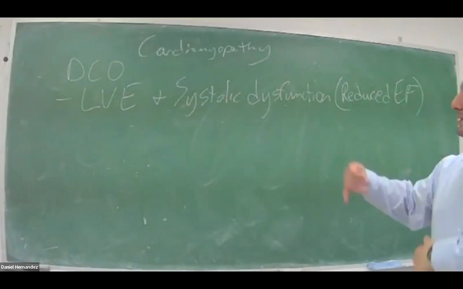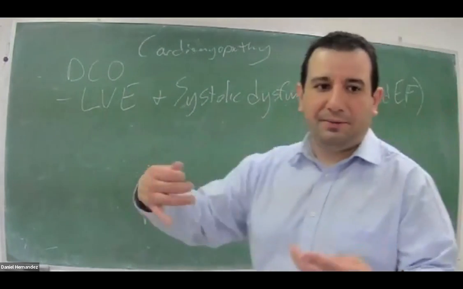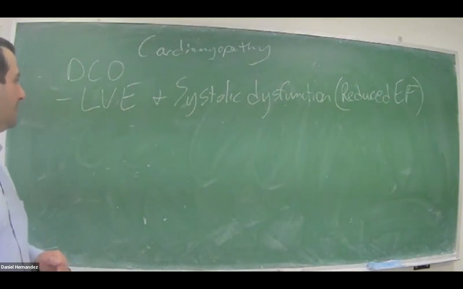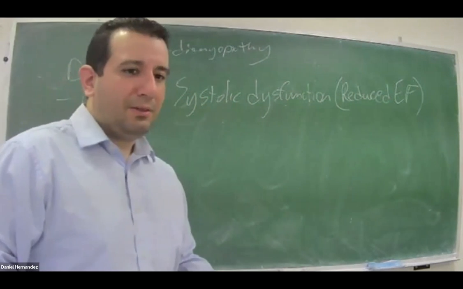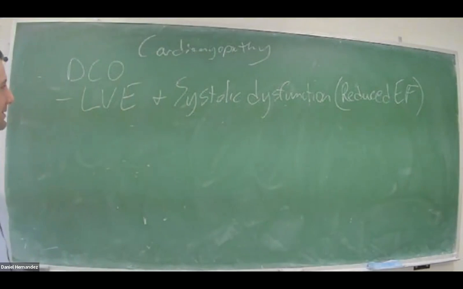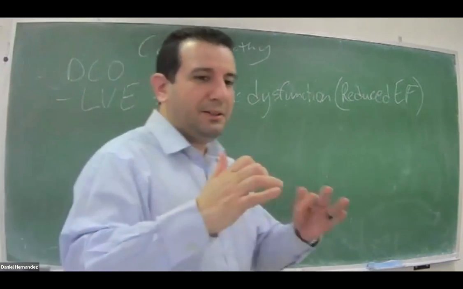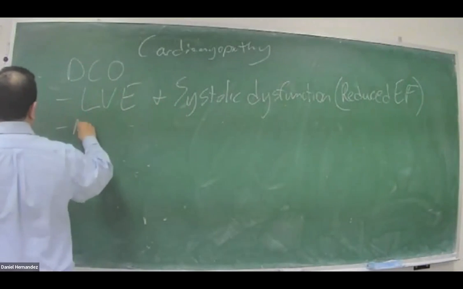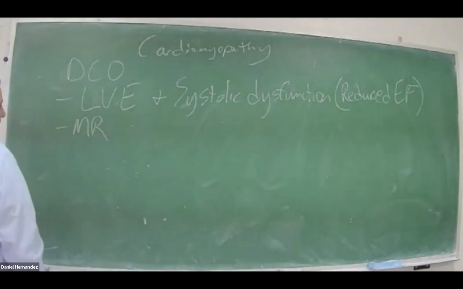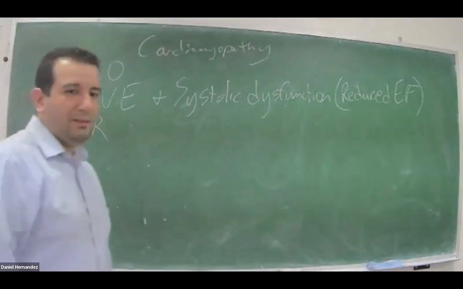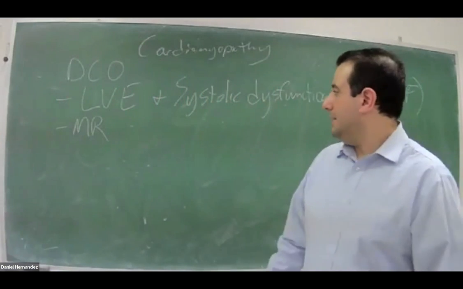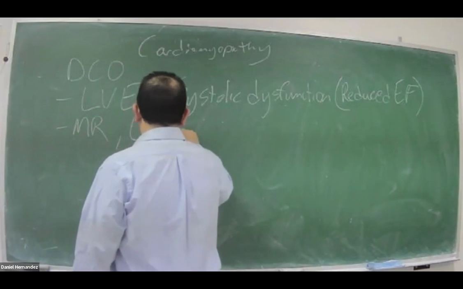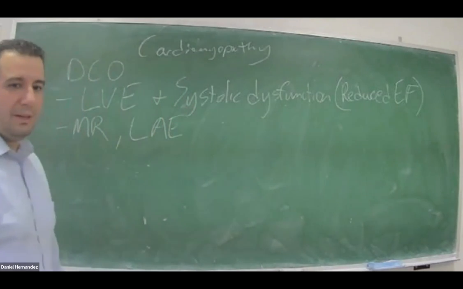Then all the other things that we could see along with it are secondary findings associated with dilated cardiomyopathy. As that left ventricle dilates, the mitral annulus spreads, so we often see mitral regurgitation. That MR is now causing worsening left atrial enlargement, so you've got dilated atria.